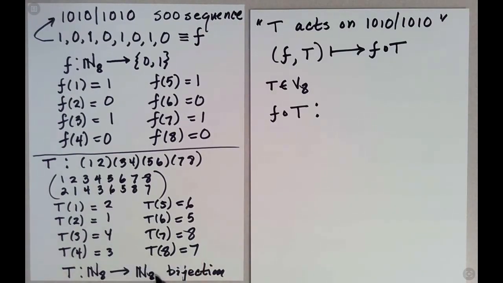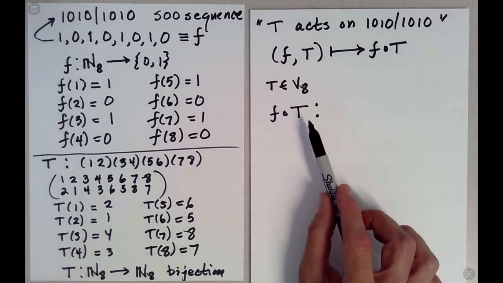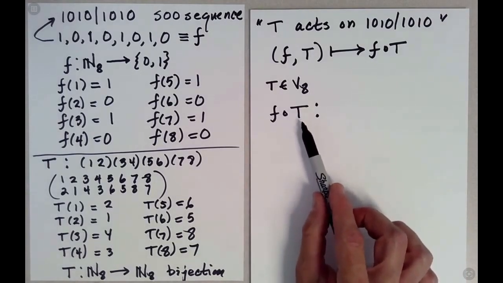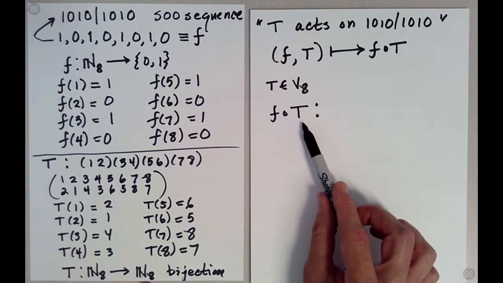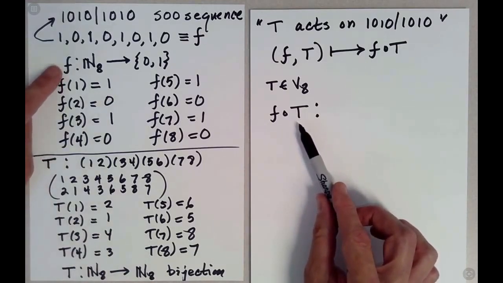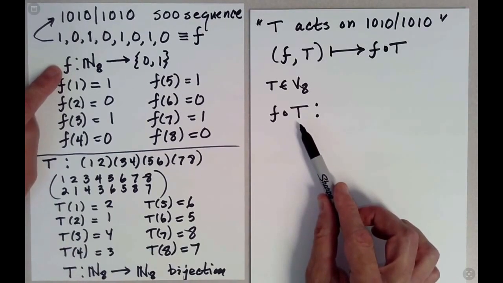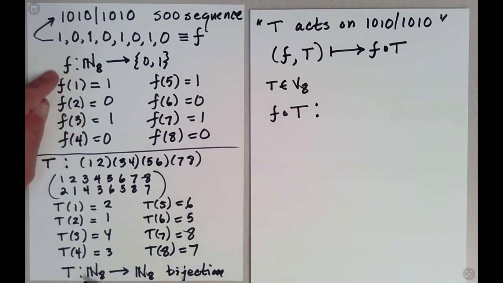Okay? So it takes a number, some number between 1 and 8, and gives you a number back somewhere between 1 and 8. What is the domain of the function f? The domain of the function f is also n sub 8. Okay, so it does make sense to compose these functions.